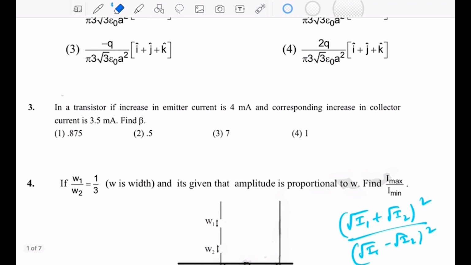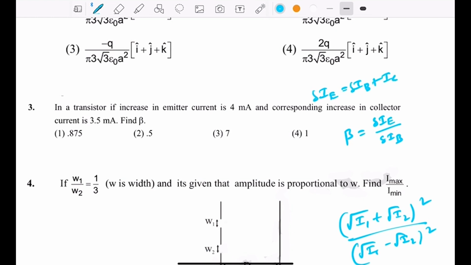In a transistor, if the increase in emitter current is 4 ampere, find the beta value. Beta is delta I collector current by delta IB. We know IE is equal to IB plus IC, so delta also we can apply.